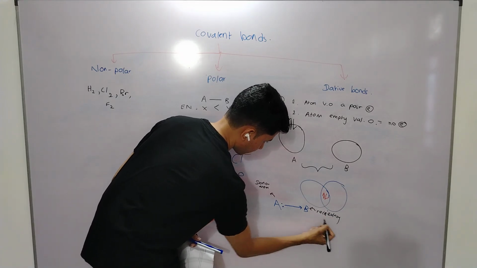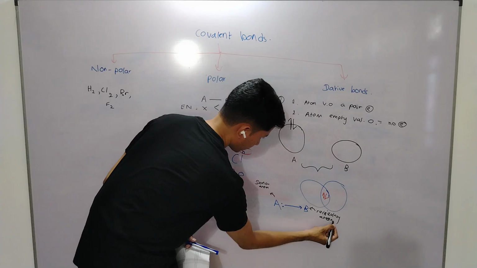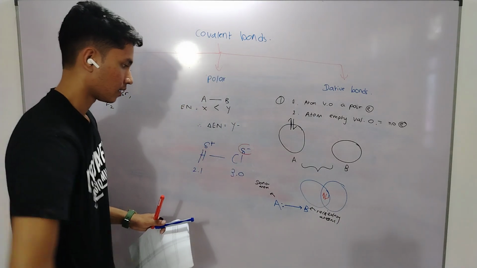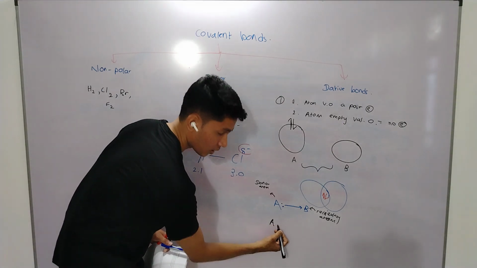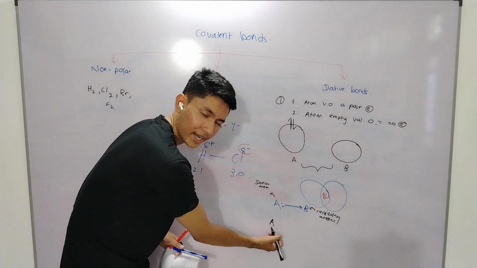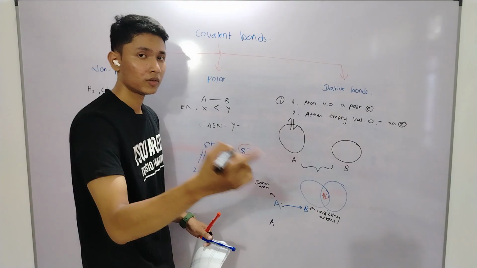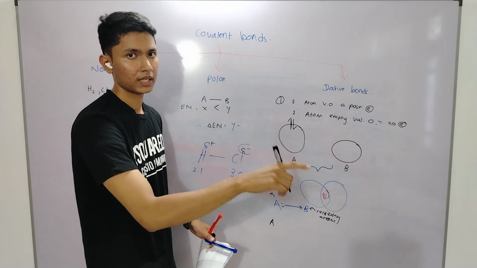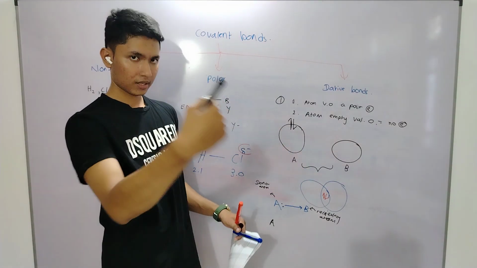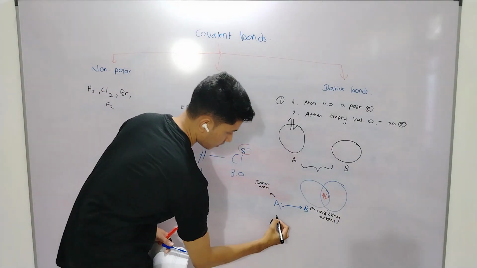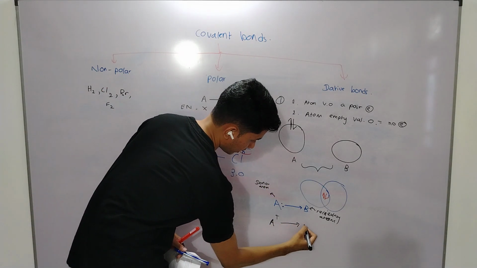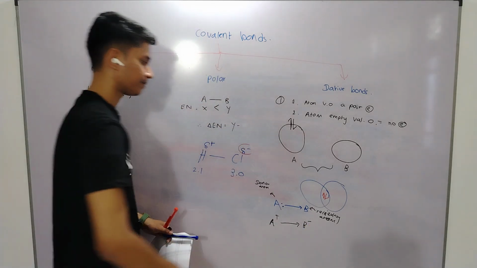The donor atom donates the electrons and the receiving atom receives them, so the donor will be positive and the receiver will be negative.